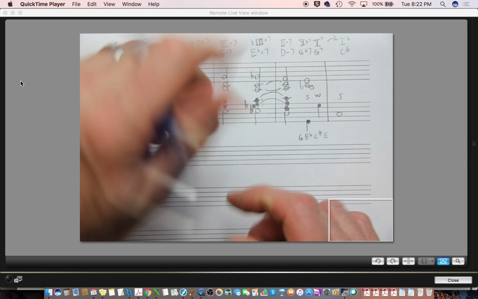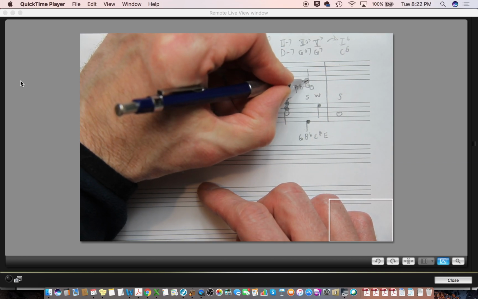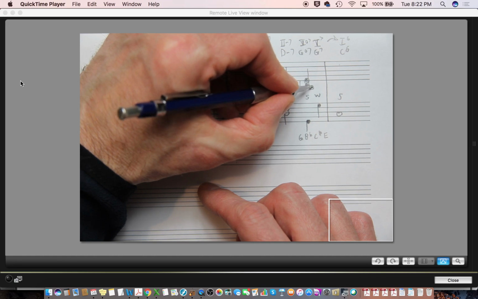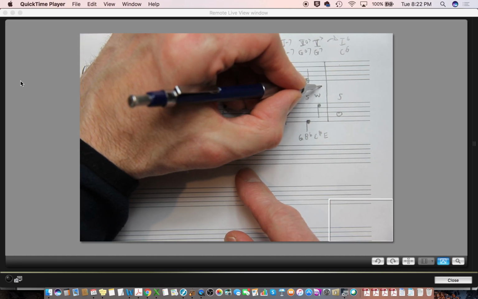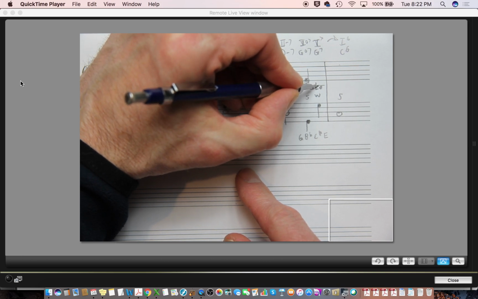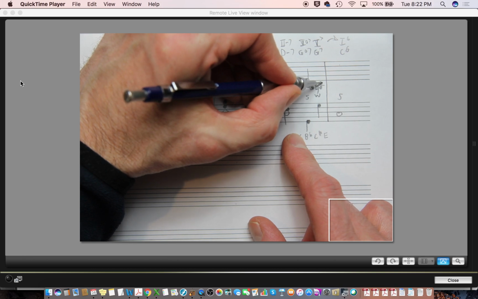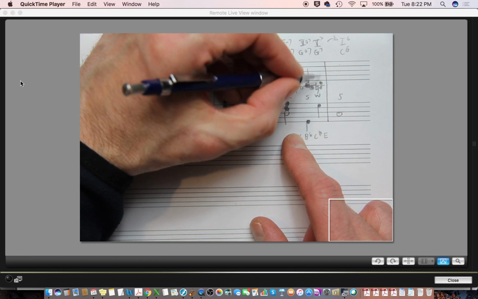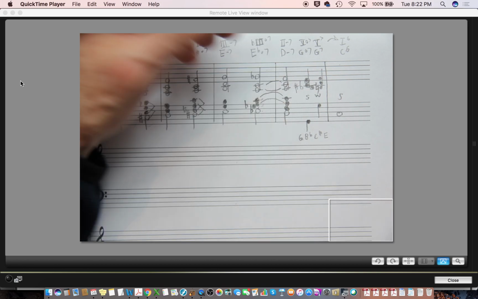Whoops, I got ahead of myself. And what happens is the B flat's going to go up to the B natural, so it could even be spelled as A sharp. The C sharp is going to go up to a D, that becomes the 5th, and the E is going to become the 7th here.